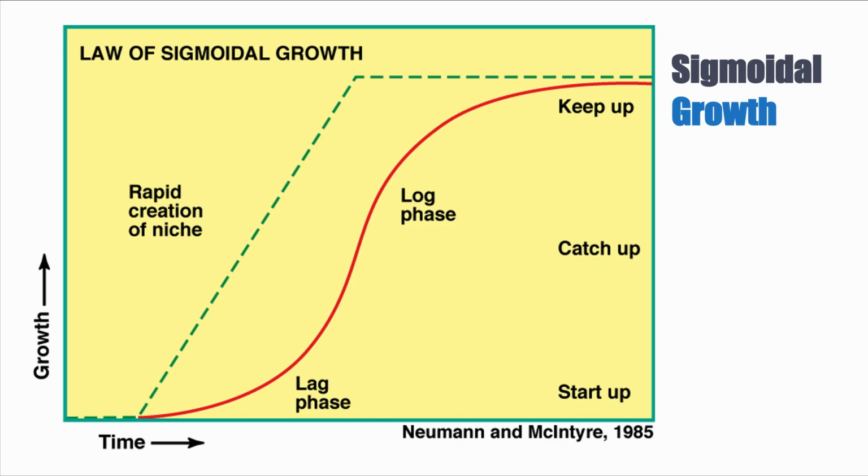But once the population reaches a critical mass, then they start to have a log growth. And so that's known as the log phase, and they essentially catch up with sea level. That's the catch-up phase of the carbonate systems. And then eventually the population is so large that they completely fill the niche and they are in what is known as the keep-up phase.